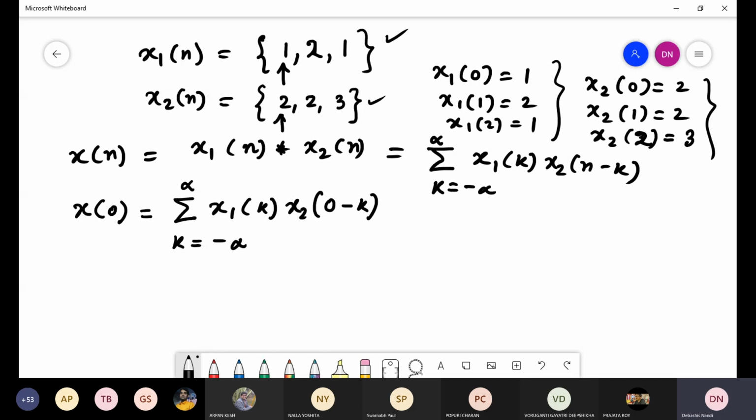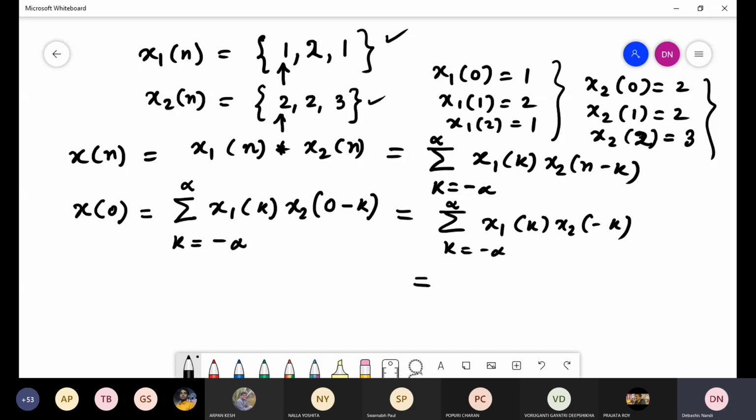So this is equal to summation of x1k x2 of minus k. Am I correct? Now, what is the value of this?